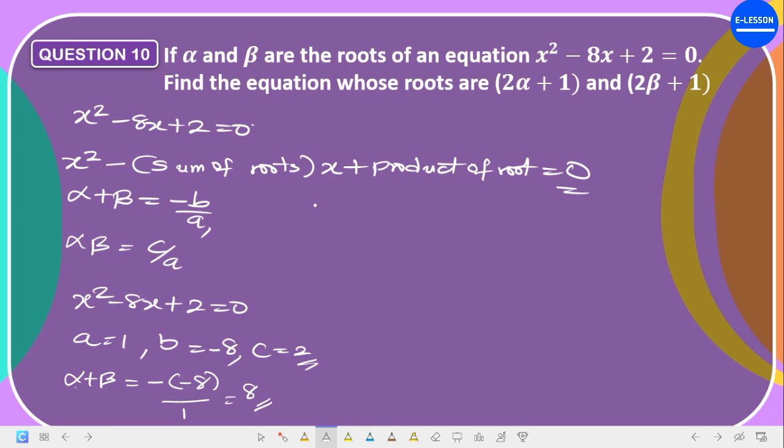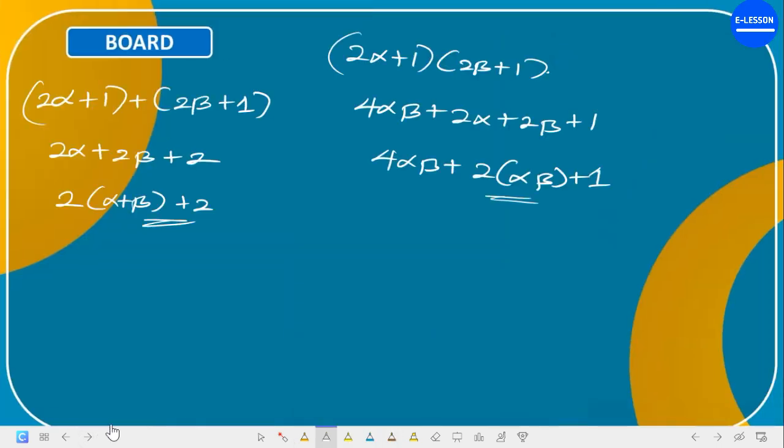Now, what will be your alpha beta? Alpha beta is c all over a. What is your c? It is 2. What is your a? It is 1. So alpha beta is 2 over 1. So we have alpha plus beta equals 8 and alpha beta equals 2.